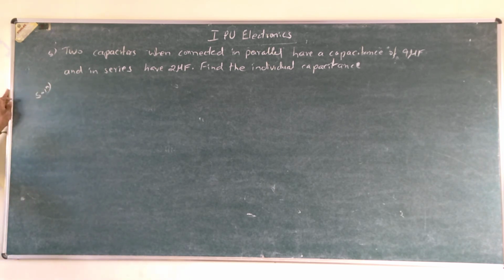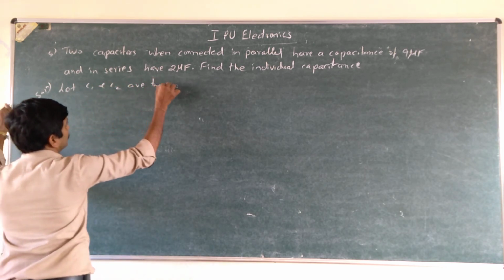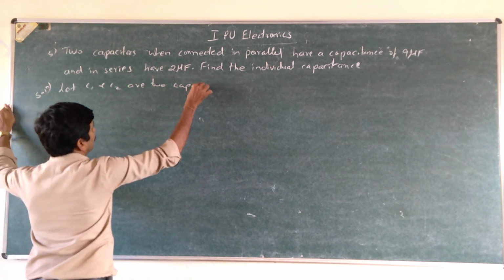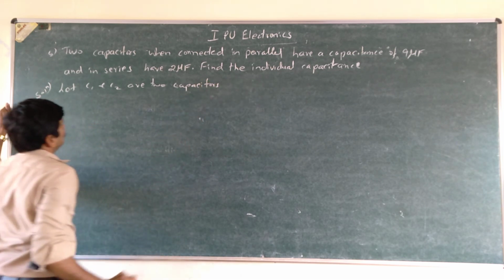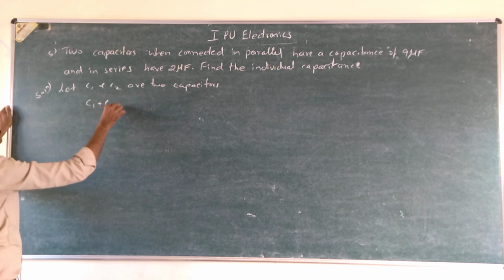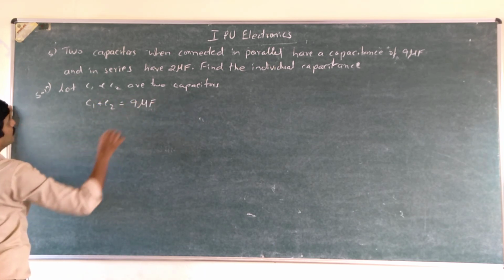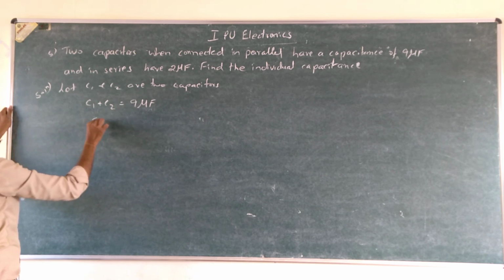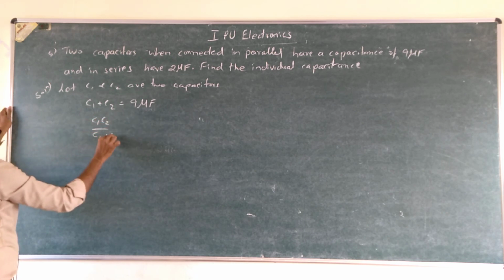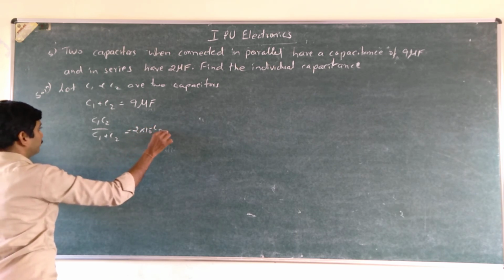Two capacitors, let C1 and C2 be the two capacitors. When connected in parallel, C1 plus C2 is 9 microfarad. When connected in series, C1 into C2 divided by C1 plus C2 is 2 microfarad, 2 into 10 to the power minus 6 farad.